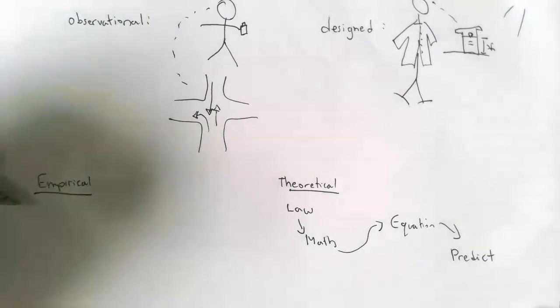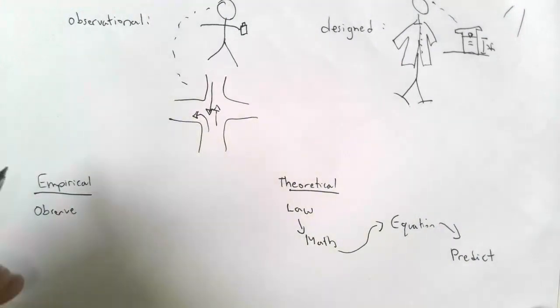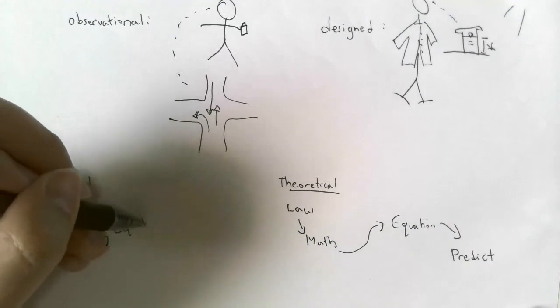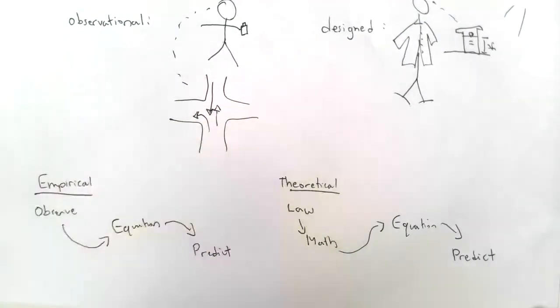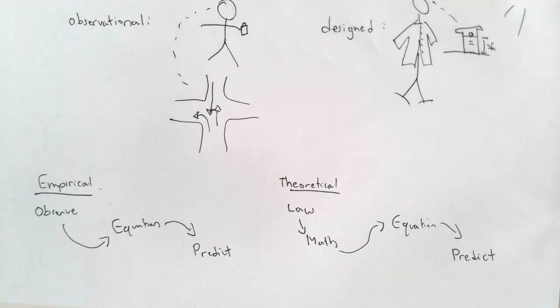Empirical models are not like that. With empirical models, we don't know the theory, so we actually start with observations. We start with something that's happening, then we use that to create the equation, and then we use that equation to predict. So theoretical models don't need observations. Empirical models require observations.